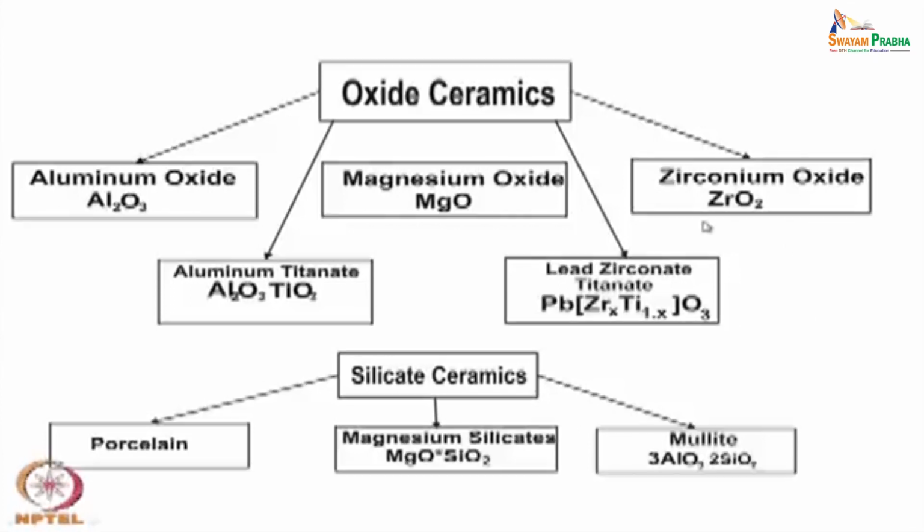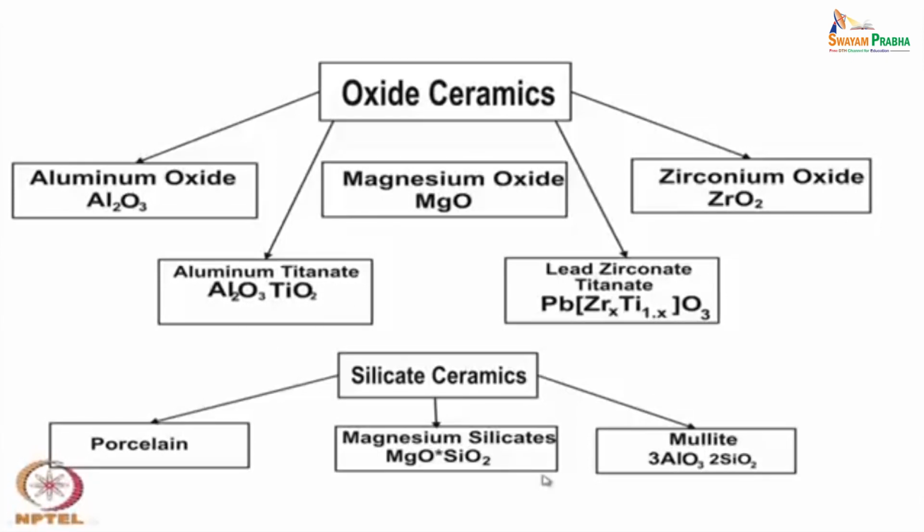These are simple oxides where only one particular metal is involved along with oxygen, whereas there are complex oxides, sometimes referred to as mixed oxides, like aluminum and titanium forming aluminum titanate. Then there is a mixed oxide or solid solution of lead oxide, zirconium dioxide and titanium dioxide, called lead zirconate titanate, in brief PZT.